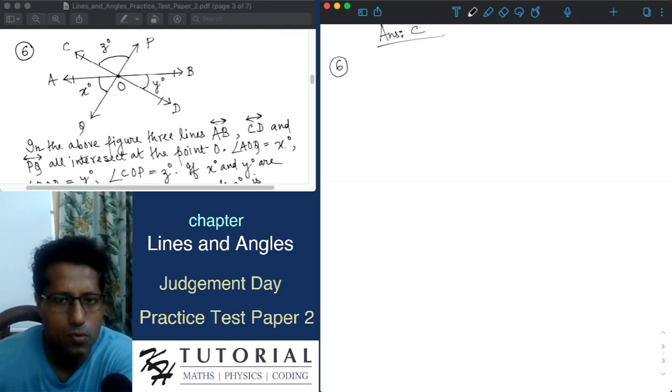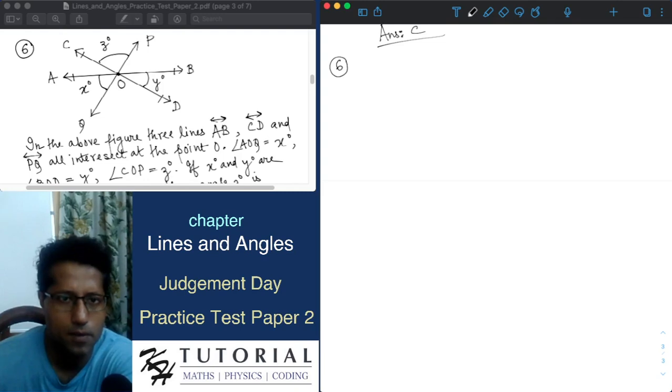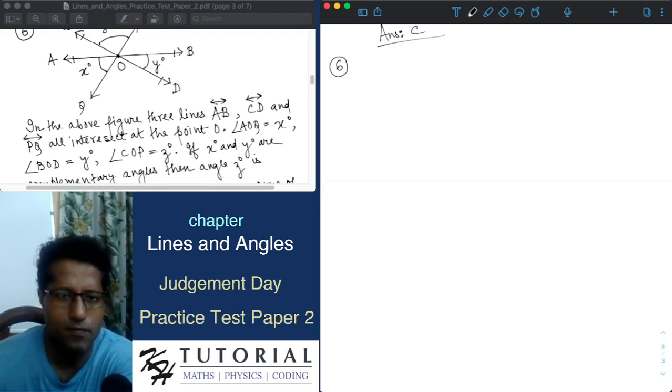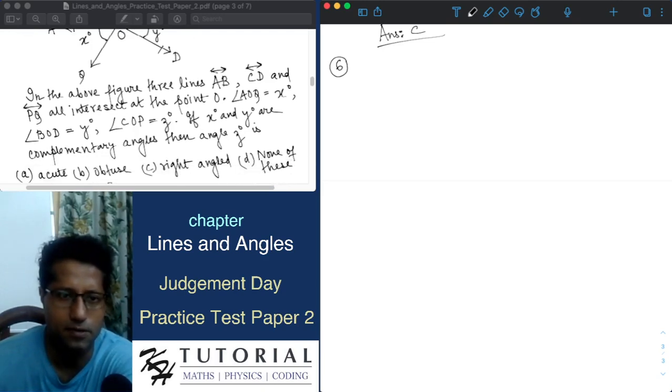Angle AOQ is X, angle BOD is Y. Okay. Angle COP is Z. If angles X and Y are complementary angles, then angle Z is. It is asking about the type of angle Z.